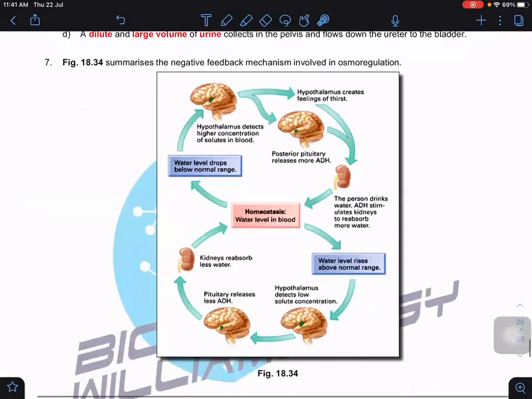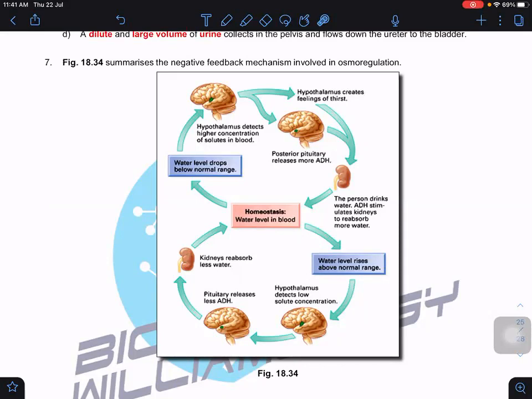So in terms of summary here, you can see that when the water level or water potential drops below the normal range, then the hypothalamus creates the feeling of thirst, and the hypothalamus also will stimulate the posterior pituitary gland to release ADH. When we absorb that water molecule, then the water level in the blood remains constant, okay?